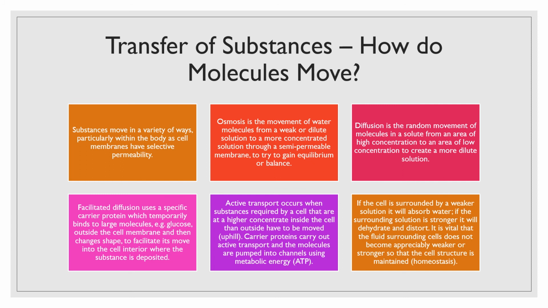And this is what we refer to as homeostasis. And you will be learning quite a bit about homeostasis, especially as natural health practitioners, because this is what we aim to achieve when we give our treatments.